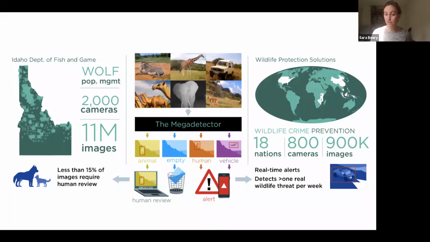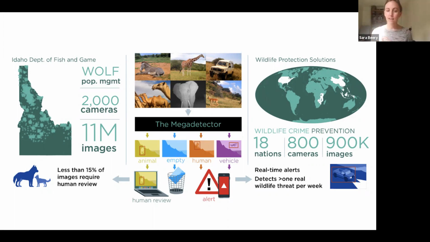And then the other example is Wildlife Protection Solutions, which does real-time wildlife crime prevention. They have the MegaDetector running in the cloud, and they've connected their cameras on the edge to the cloud so that they're sending images in real time, pinging our publicly hosted API.